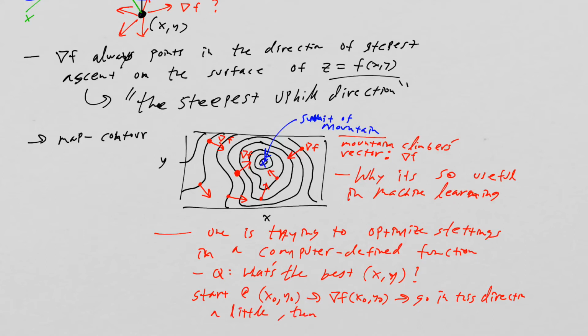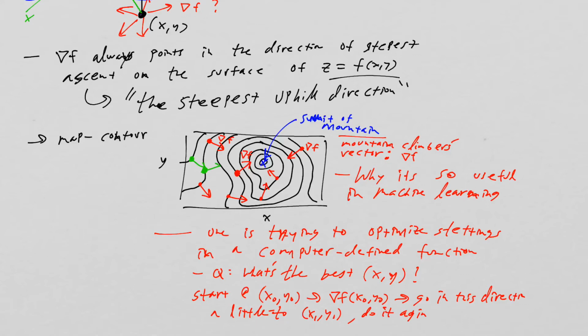And then do grad F. So you go in that direction a little to call it X1, Y1, and then do it again. And this way, you can think of it like this. Perhaps you start down here, and you take a step that way.